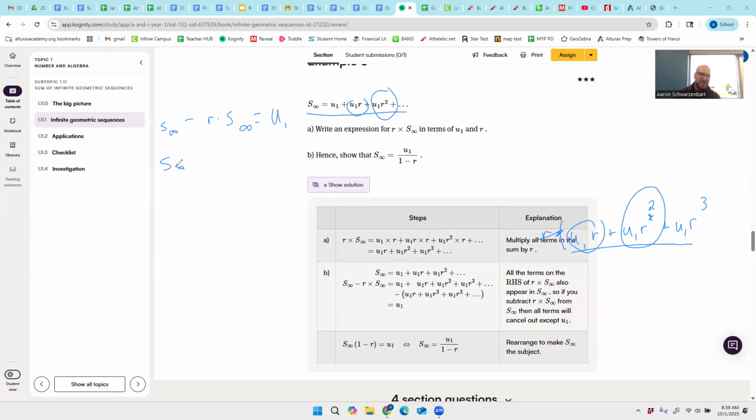If I factor out an S sub infinity from these two, I get that. Then if I divide, I kind of gave you a loose justification before. This is a formal proof justification.